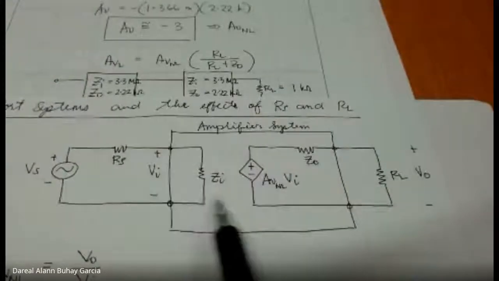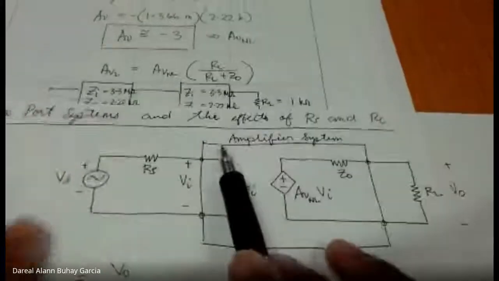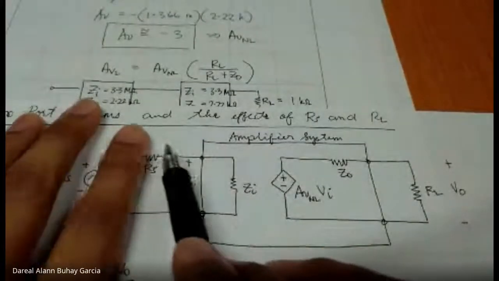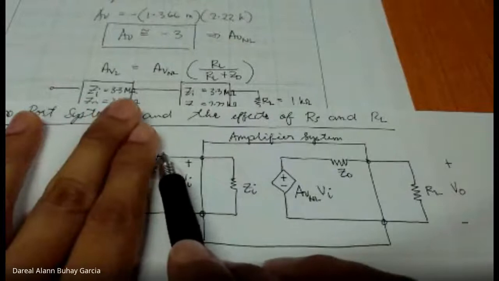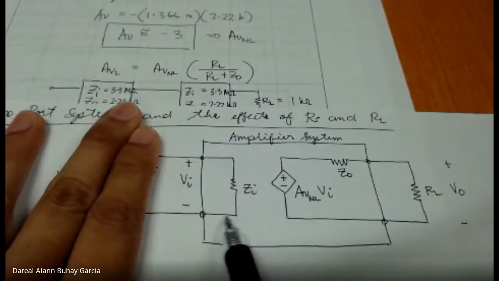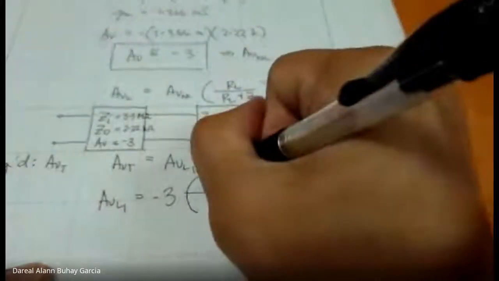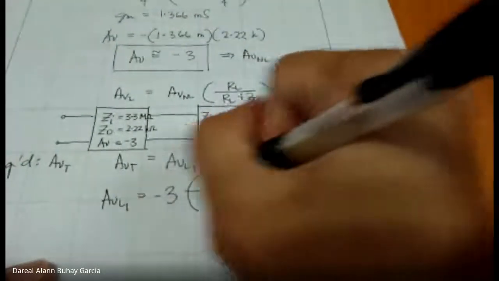Yes, si ZI. If an amplifier is connected there, not a source, the load it sees is the input impedance of the next amplifier. So ZI of amplifier 2, which is 3.3 mega.